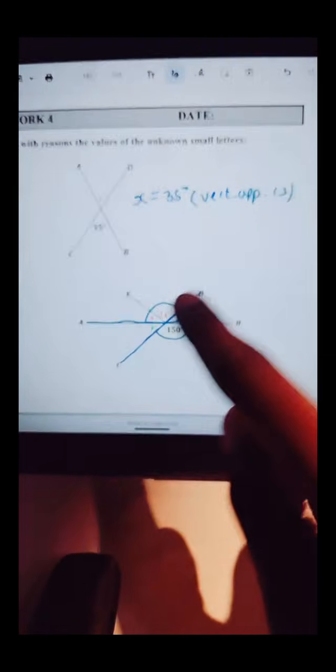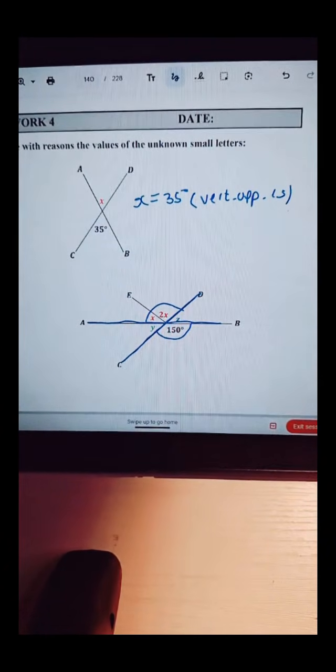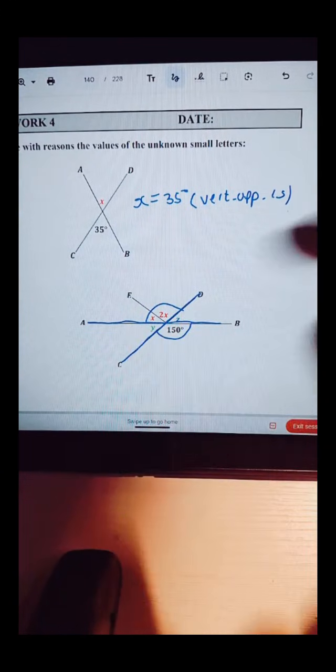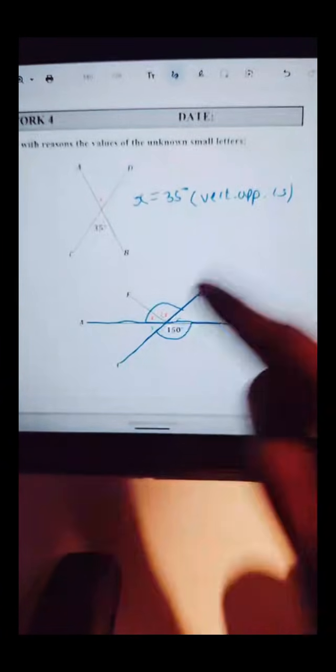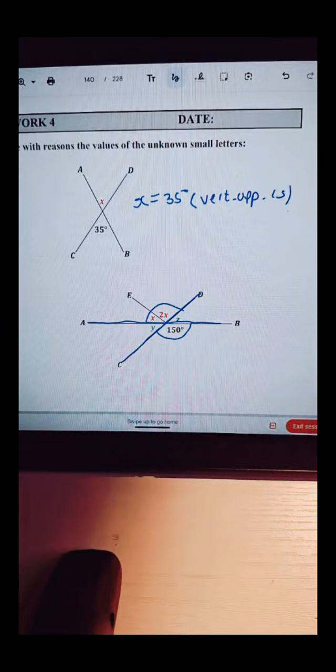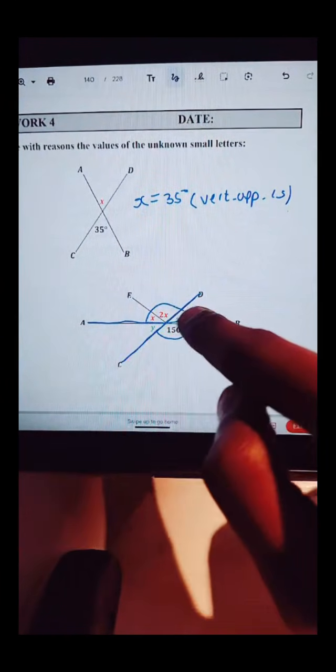What's the relationship between y and z? Someone in the comment section, let me know. I know that you guys would approach it in different ways, but what's the relationship between this y and this z?